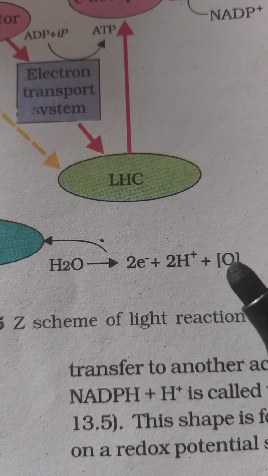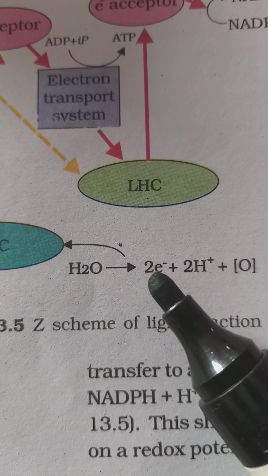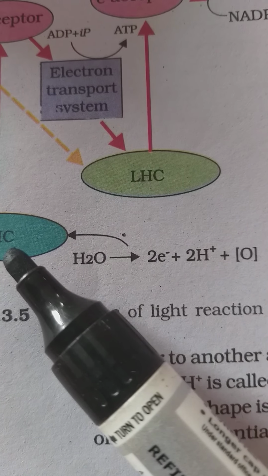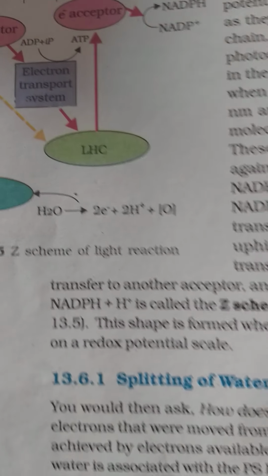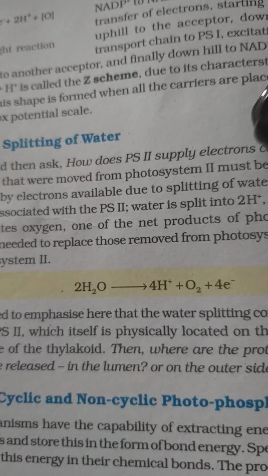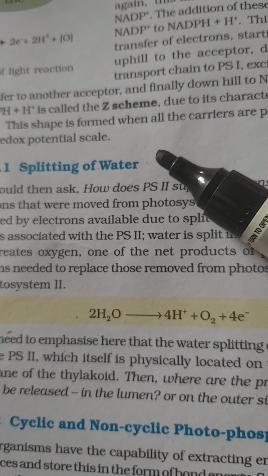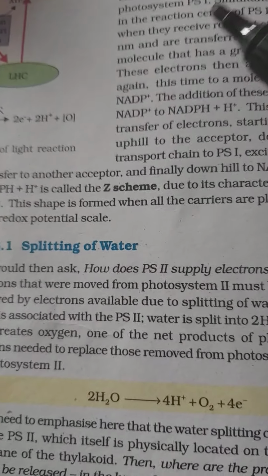Oxygen is the ultimate product, and this electron is also supplied here and gets absorbed here. So this is how it happens during water splitting. Water splitting is the only such process in photosynthesis.